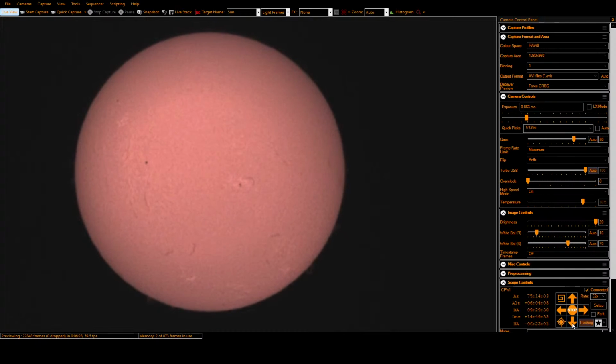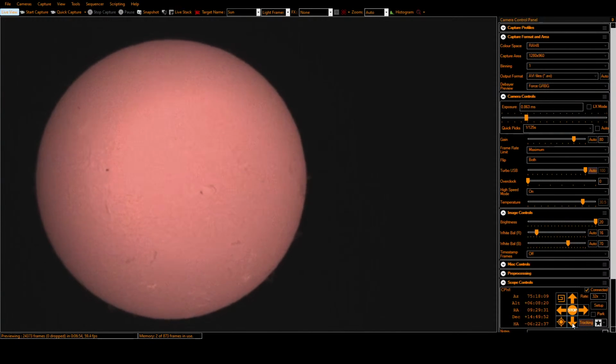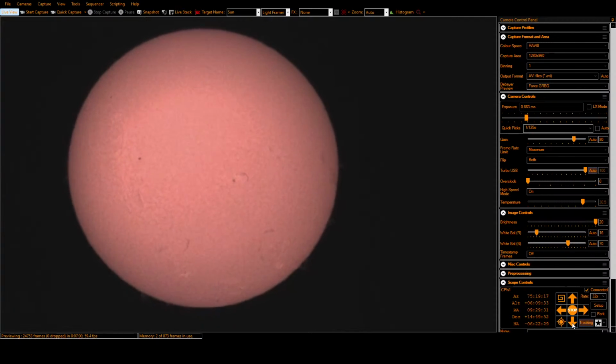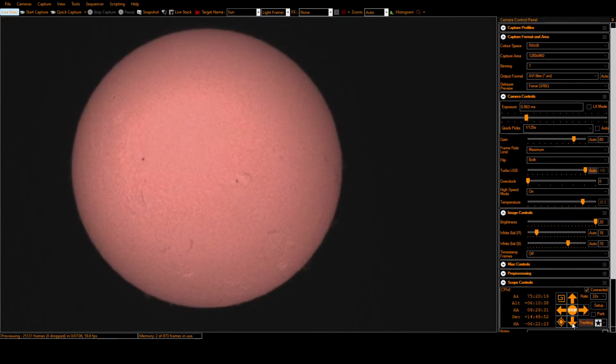I'm going to attempt to fiddle with the hydrogen alpha tuner just to see if we can get more fun stuff, and then the focuser just to do justice to such a beautiful sunrise. Okay, this is as good as it's gonna get.